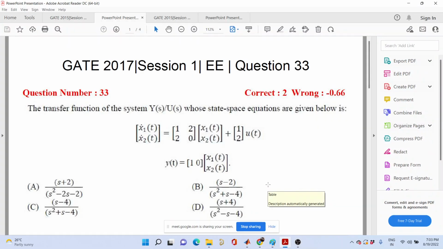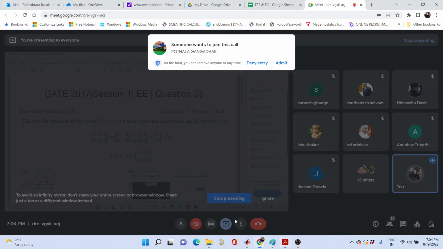This is the state space equation that has been given to you. There are two states, x1 and x2, and you need to find the transfer function Y(s) by U(s). The output relation is also given to you.